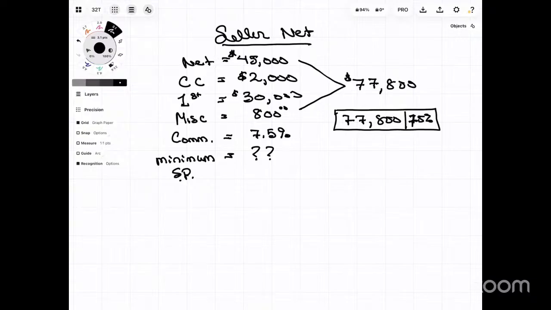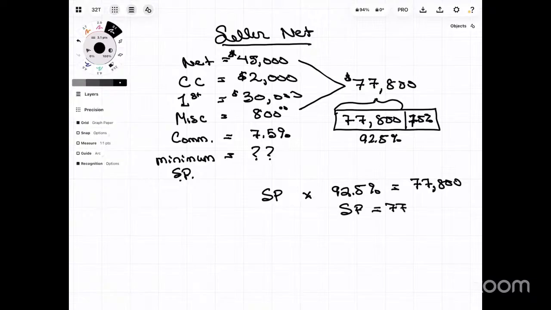So if the other part is 7.5, we could subtract that from 100, and we know that part right there is 92.5%. So if there was a sales price and we multiplied it by 92.5%, we would get $77,800, which means our sales price is 77,800 divided by 92.5%.